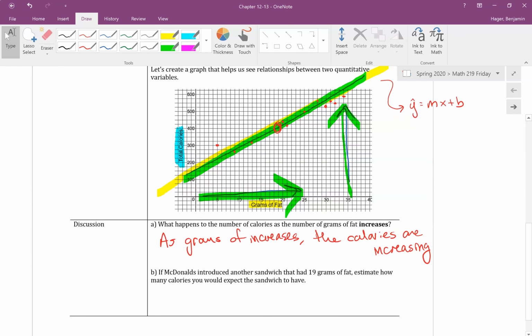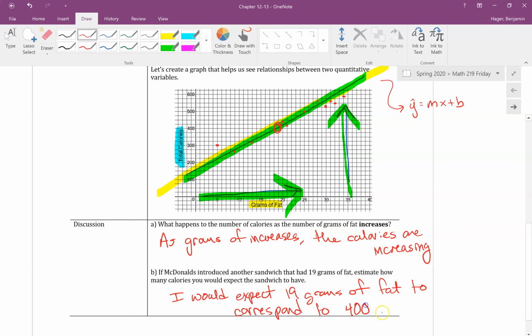So I would expect 19 grams of fat to correspond to 400 calories.